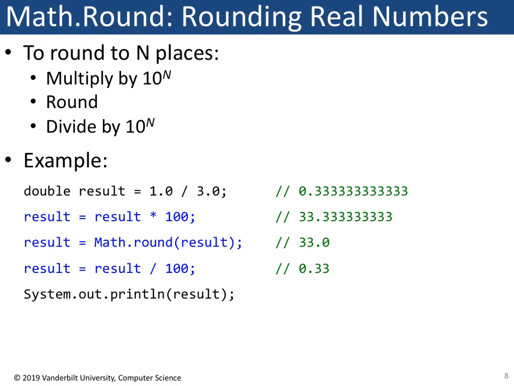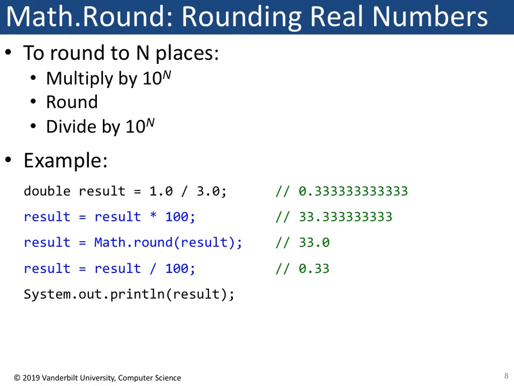So as an example, let's say we wanted to round the number 0.3333 and so forth to the nearest hundredths place. So then we would multiply the result, result being 1 divided by 3, by 100 to move the decimal place 2 places to the right, resulting in the value 33.33 and so forth. So now result contains the value 33.33 and so on.